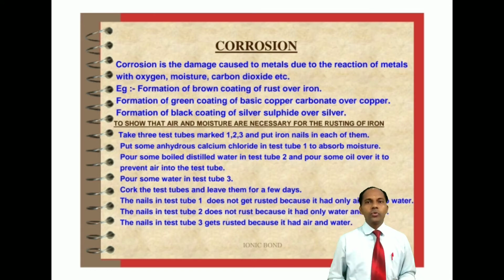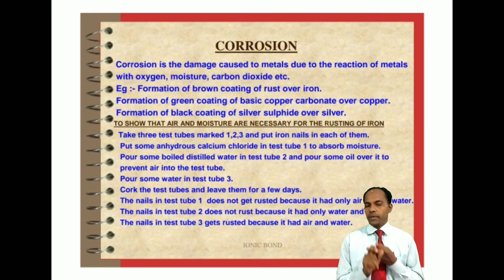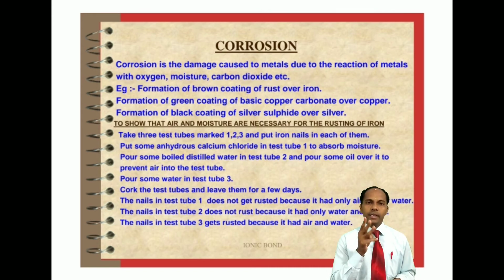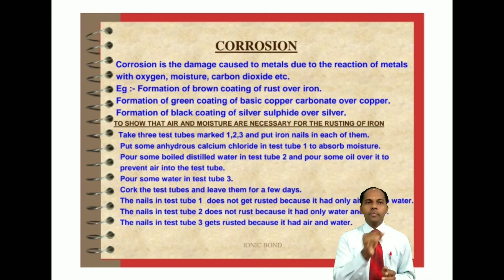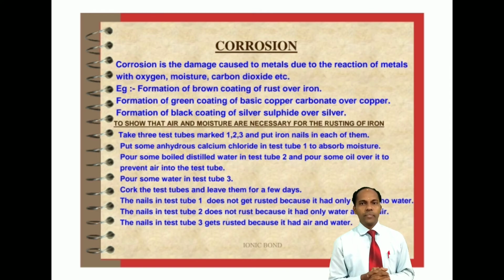So we have to show air and moisture are necessary for the rusting of iron. For that, first we'll take 3 test tubes, test tube 1, test tube 2 and test tube 3, and 3 iron nails, one nail placed in each test tube.